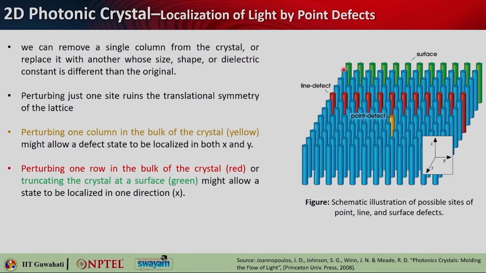These are basically line defects, whereas if only at one point you change the material or change the size of the hole, or in this case the dielectric rod, that will introduce a point defect in your crystal.